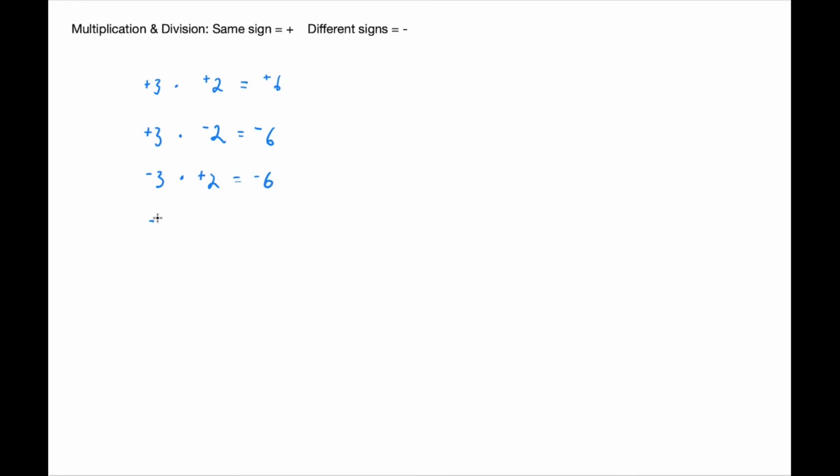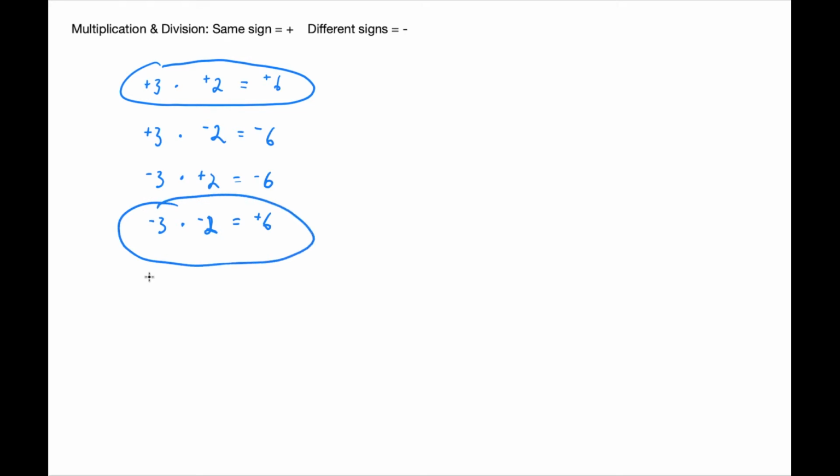If we get a negative 3 times a negative 2, we're going to get a positive 6. So you can see the same sign here and here both gave you a positive result. Different signs here gave you a negative result. That's really all it is.